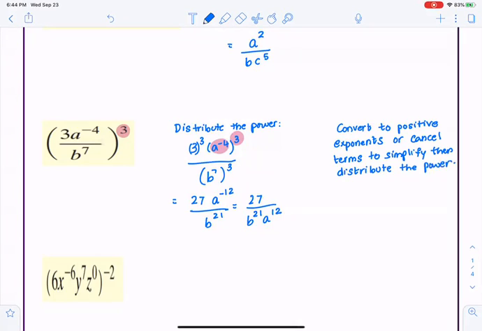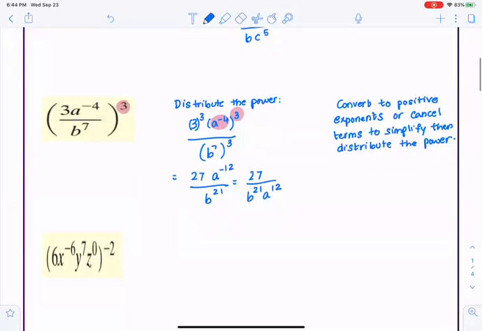So you convert to positive exponents or cancel the terms to simplify, then distribute the power. I personally like this approach because it's always better to simplify an expression prior to applying a secondary operation or a third operation. So if at all possible, we need to simplify whatever terms that we have on the inside, or inside of the parentheses.